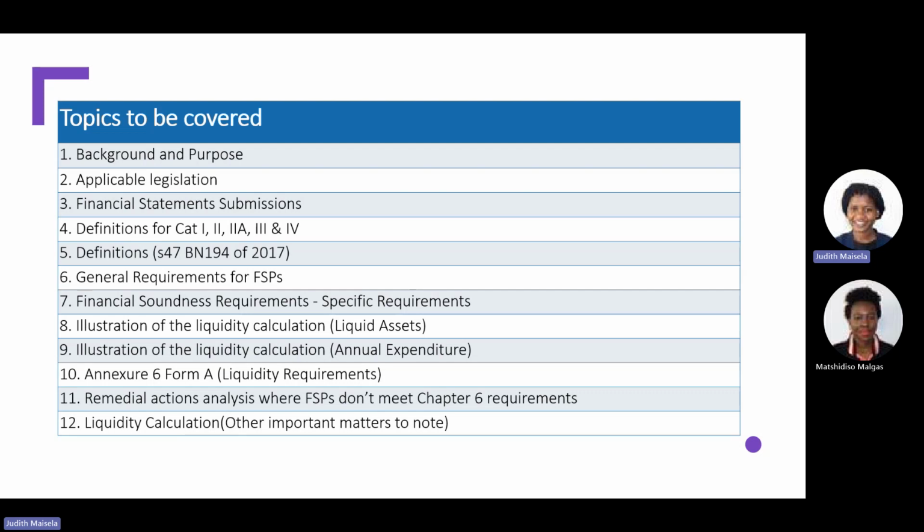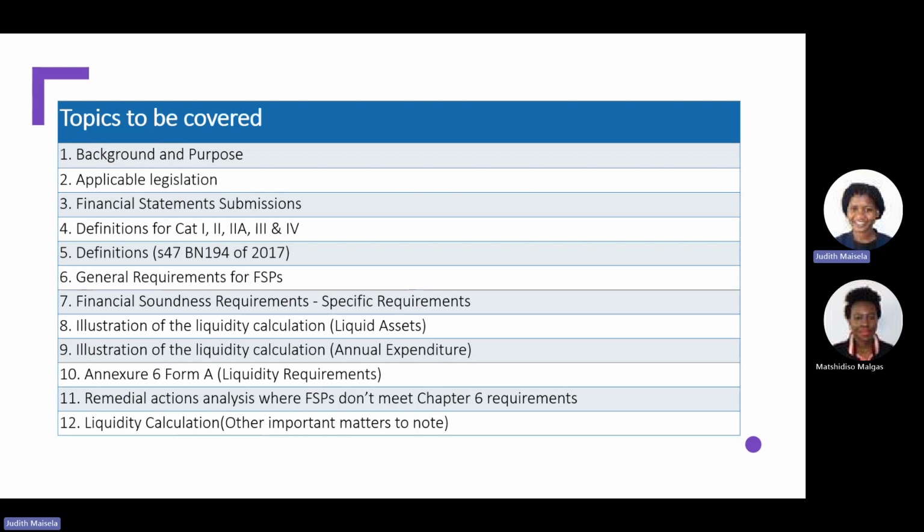We'll also be looking into the definitions that relate to liquidity requirements as outlined in section 47 of the Board Notice 194 of 2017. We'll then also look into the general requirements for FSPs. We'll look into financial soundness requirements, which relate specifically to liquidity requirements. We'll provide an illustration of a liquidity calculation that deals with the liquid assets as well as the annual expenditure.